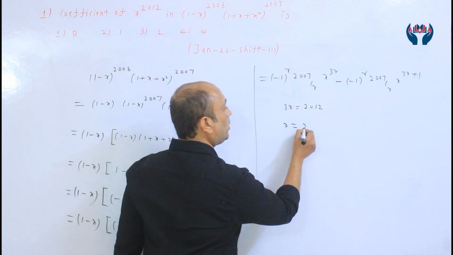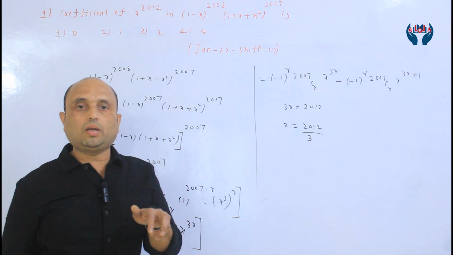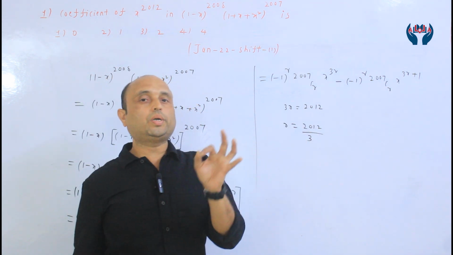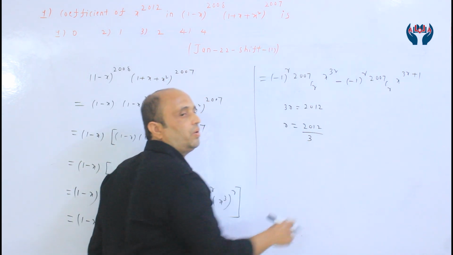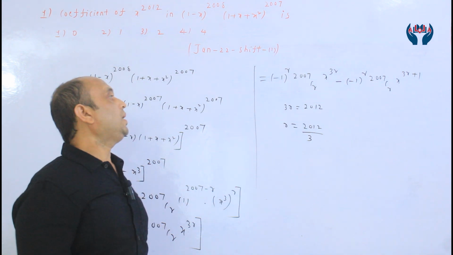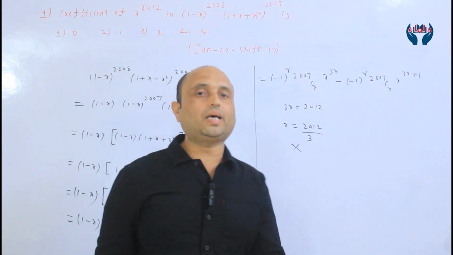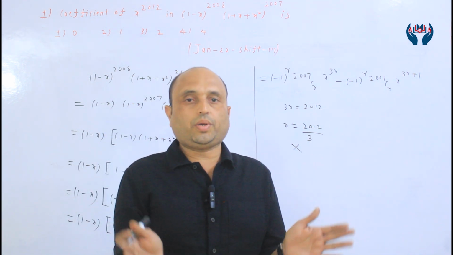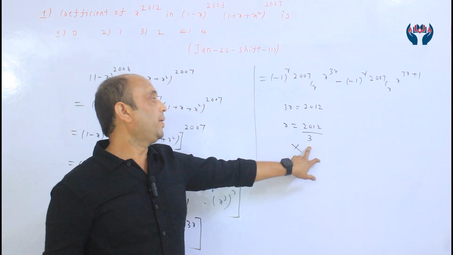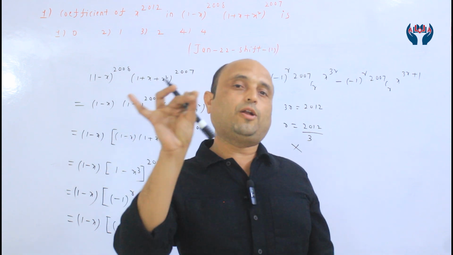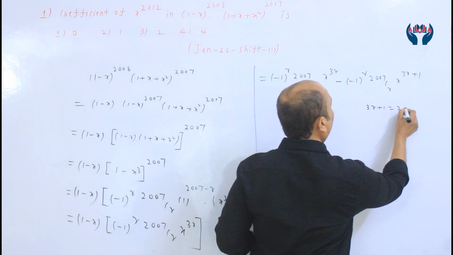So r is equal to 2012 by 3. 2012 is not divisible by 3. So we get the r value as a fraction, which does not exist, because in the general term T r plus 1, r should be an integer, a natural number. That's why this does not exist, because 2012 is not a multiple of 3. So in the second case, equate 3r plus 1 equal to 2012.